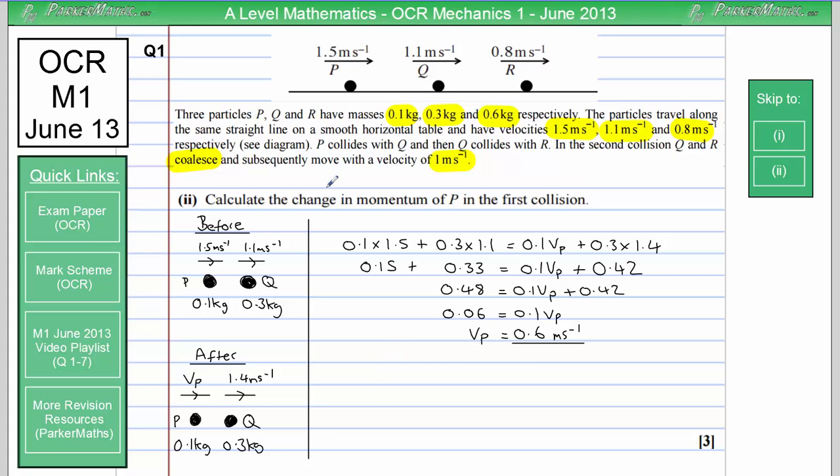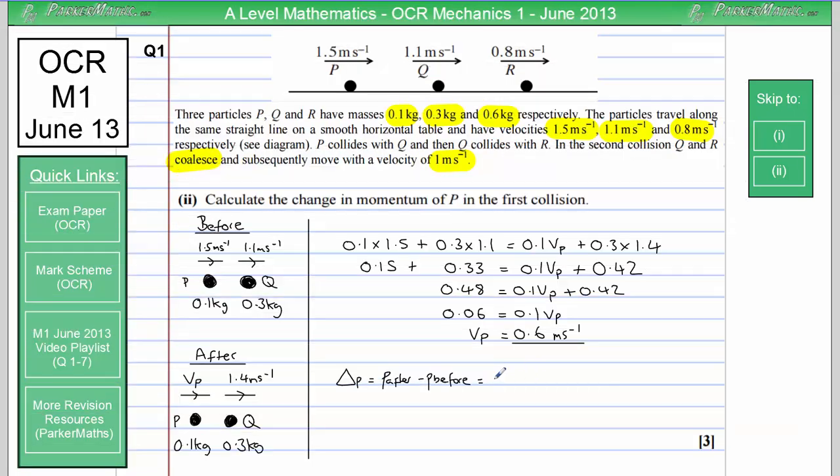Now we're in a position to calculate the change in momentum of P because we know its mass and its velocity before, and we also know its mass and its velocity after. The change in the momentum of P is the difference in the momentum between before the collision and after the collision.